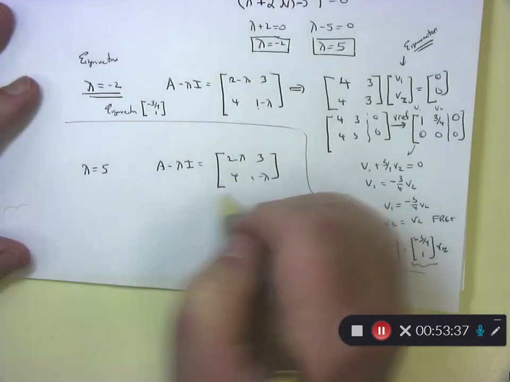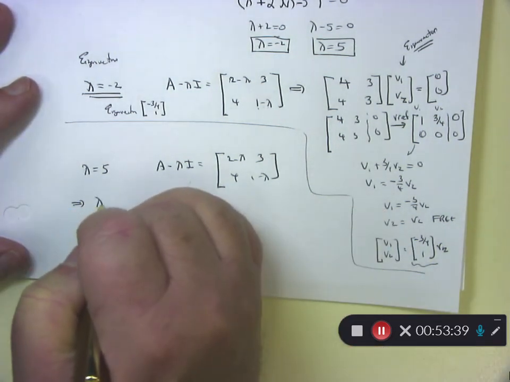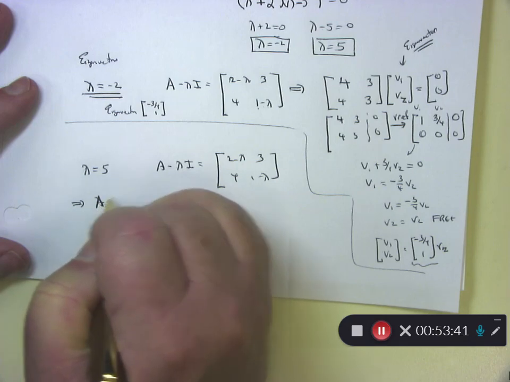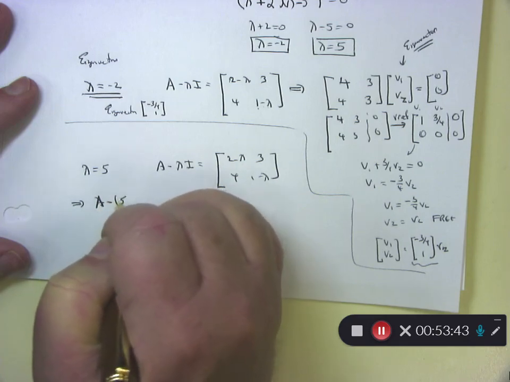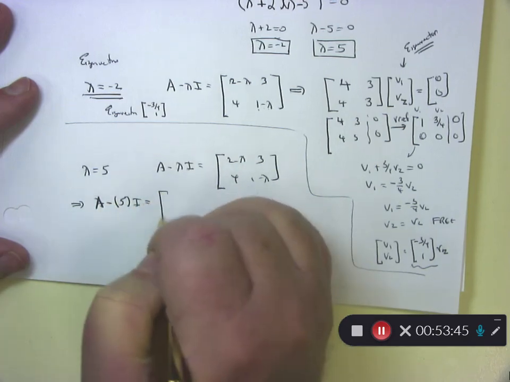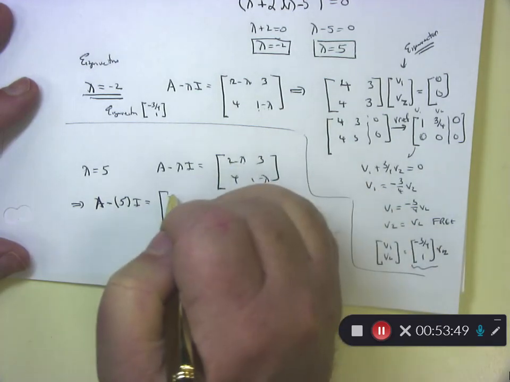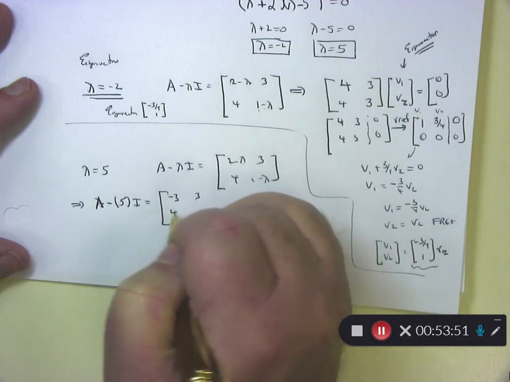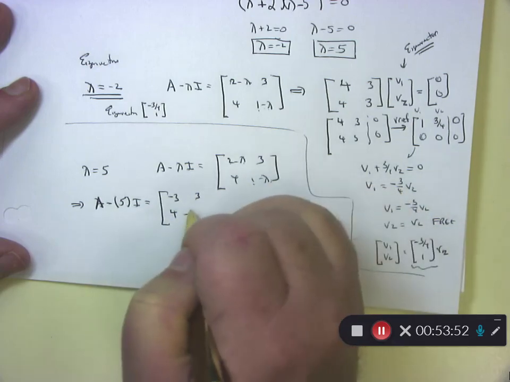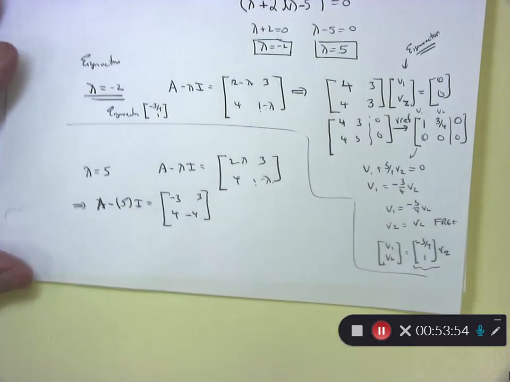So with lambda equals 5, when I plug it in, A minus 5 times I would give me 2 minus 5 is negative 3, 3, 4, and 4 minus 5 is negative 4. Okay?